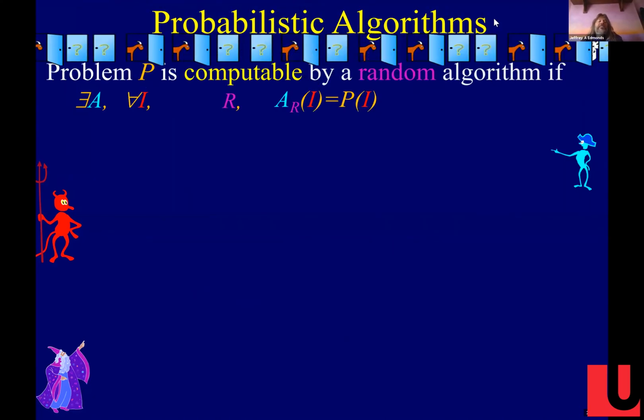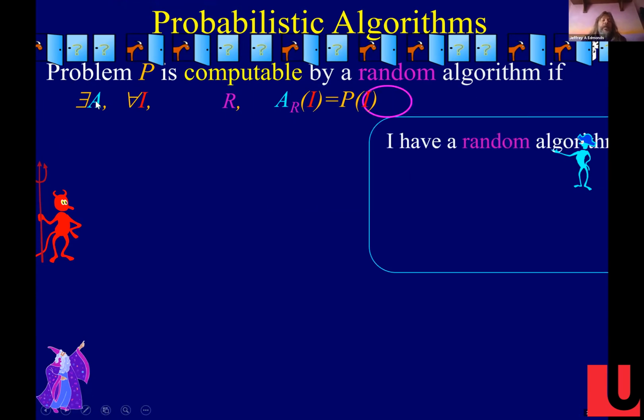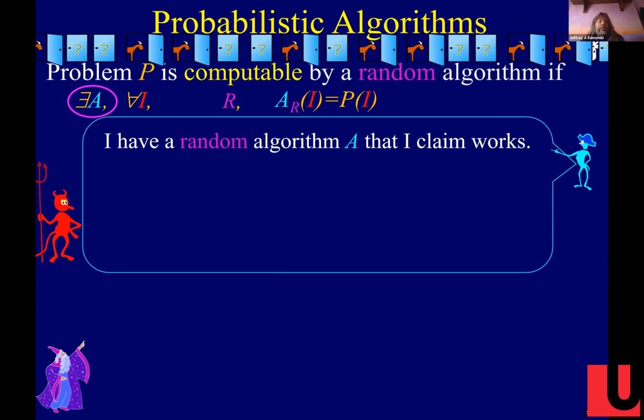Now let's talk about what the game is in the random world. Again, we have to specify an algorithm, but it's going to be a probabilistic algorithm. The algorithm flips coins, and based on the coins, it decides what to do next, like what door to open.